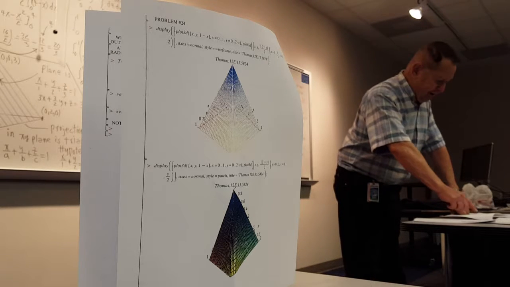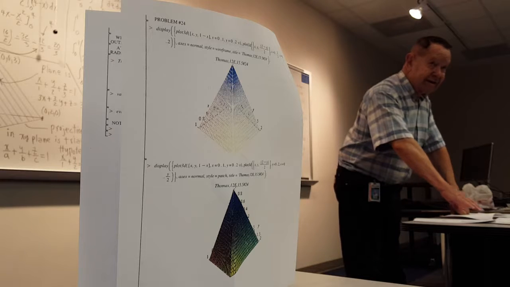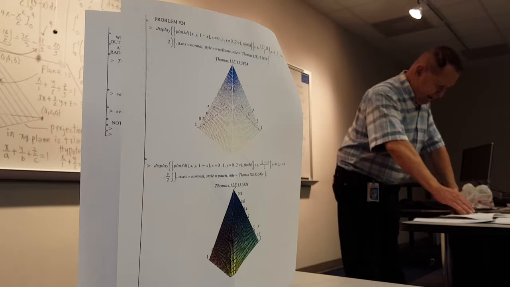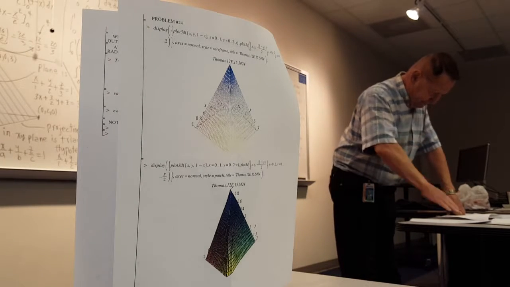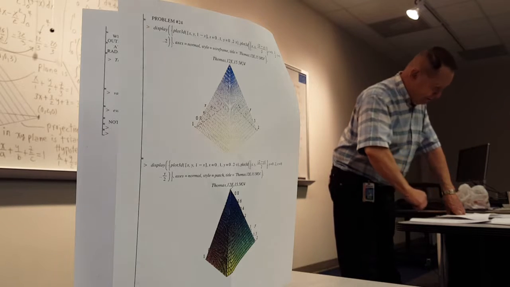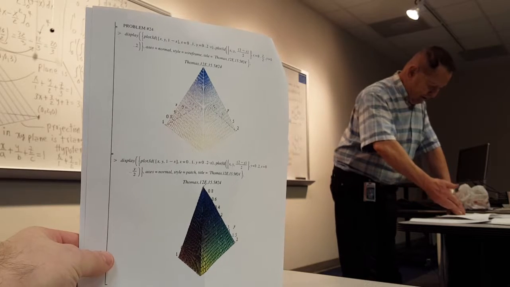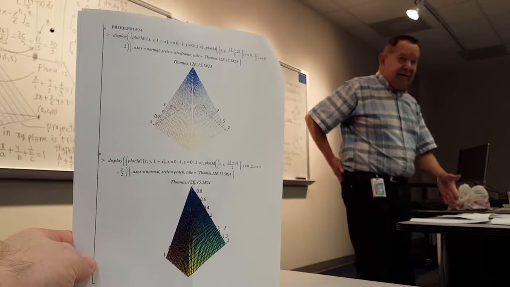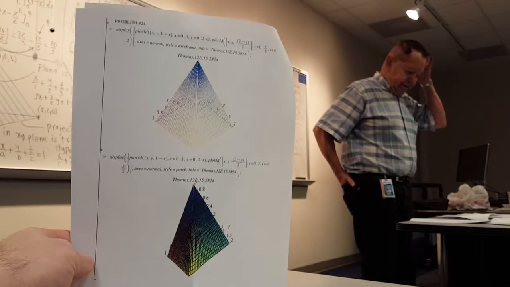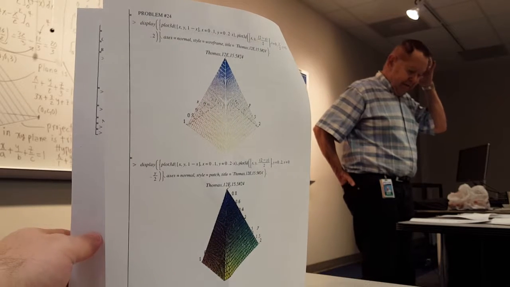I did the wire frame first so you could see the axes back in there. If you just do it with style of patch instead of wire frame, you can see this pyramid, and you can see that there's a rectangular base, and then there are the two faces.